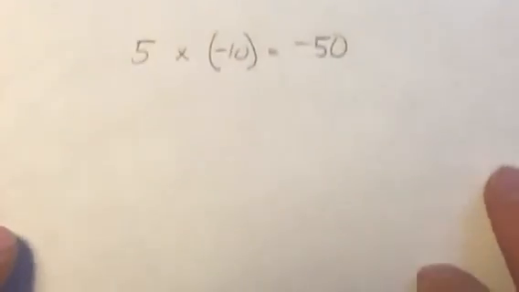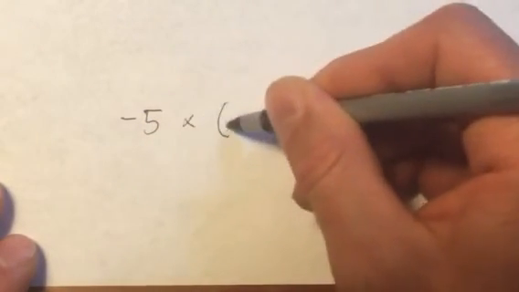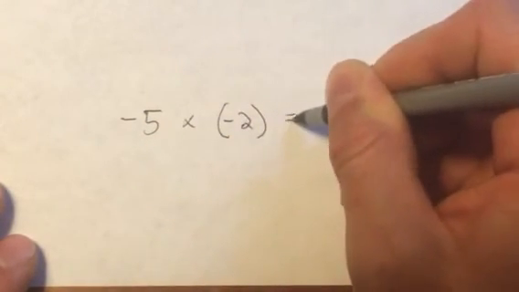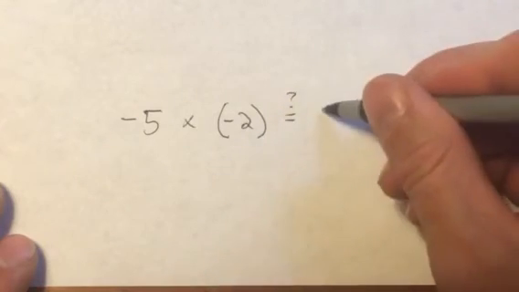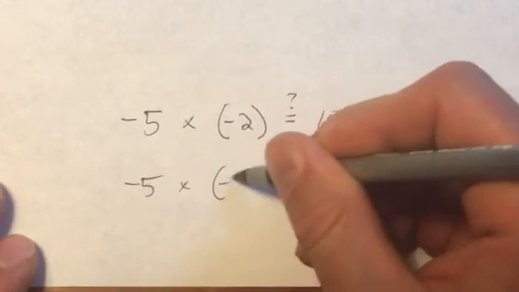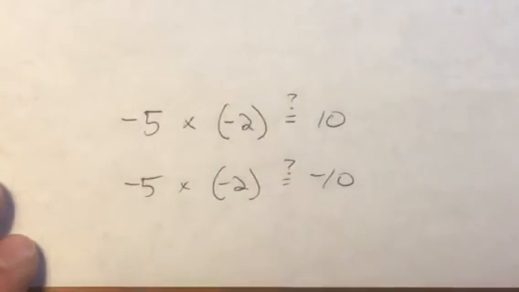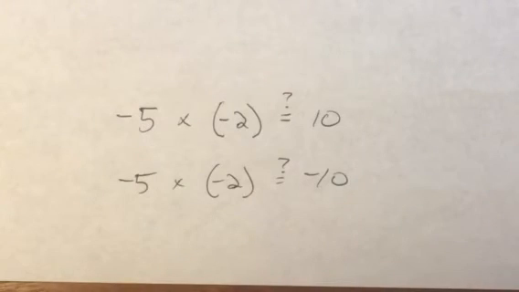Now, what happens, you might ask, when you've got negative 5 times negative 2? Does that equal positive 10? Or negative 5 times negative 2, does that equal negative 10? What you guys should do is get a calculator. Not yet, but when you're allowed to.